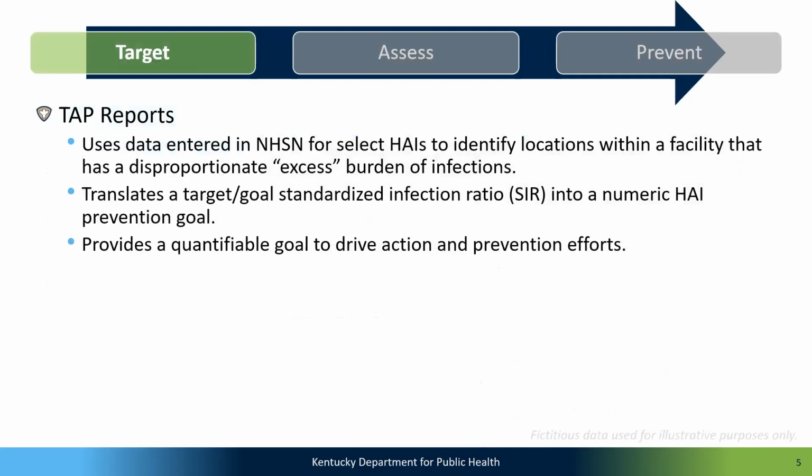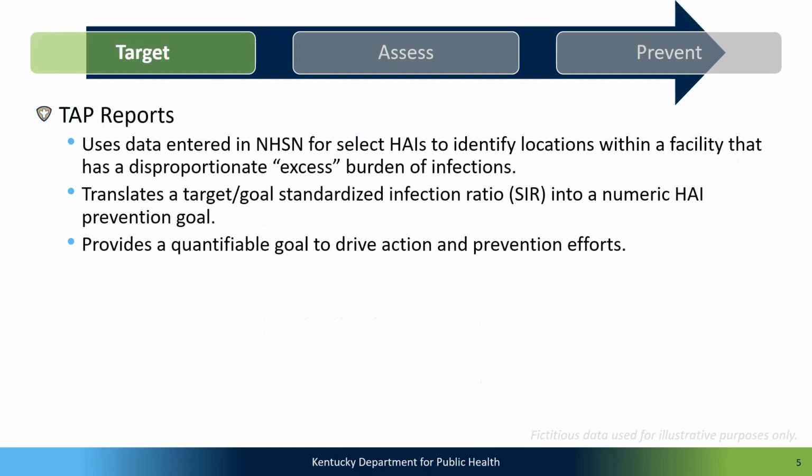So TAP reports incorporate the data that you, as well as your colleagues, have entered into NHSN for select HAIs. This data becomes the foundation on which we identify specific locations within a facility that are experiencing a disproportionate or excess burden of infections.